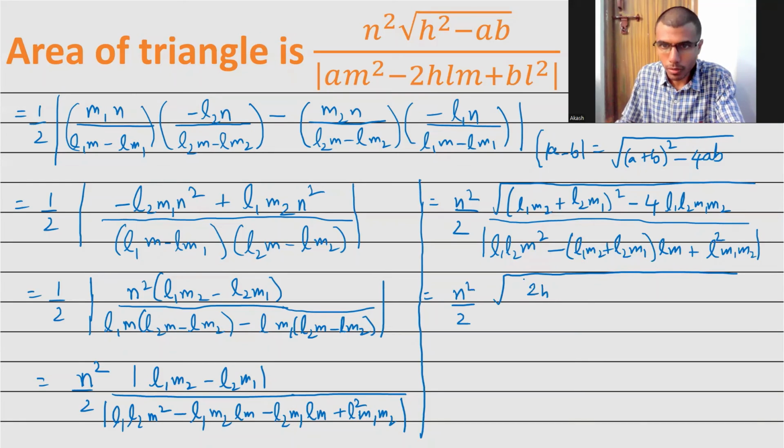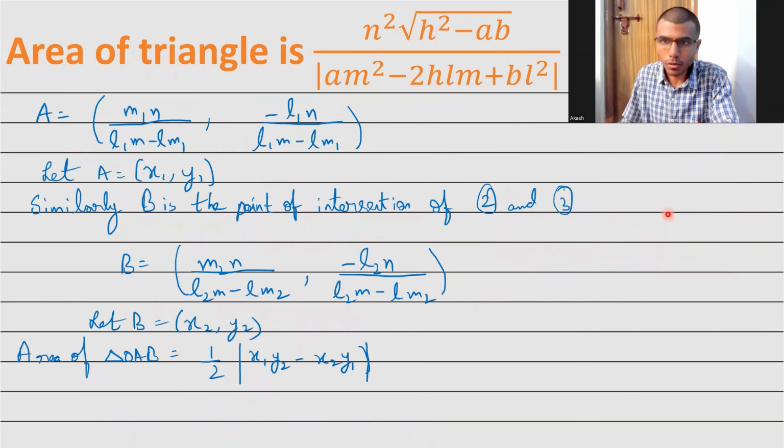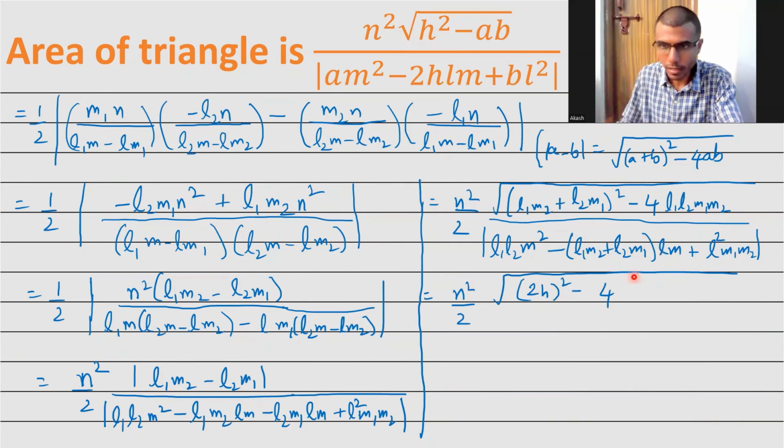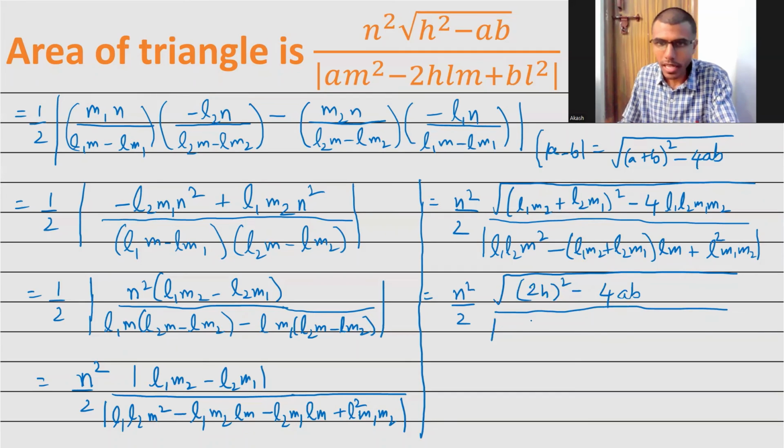So 2h whole square minus 4. What is L1 L2? L1 L2 is A and M1 M2 is B. So this is nothing but minus 4AB. Yeah, I think I drew the under root a bit big. Fine. So they're divided by modulus of L1 L2, which is A.